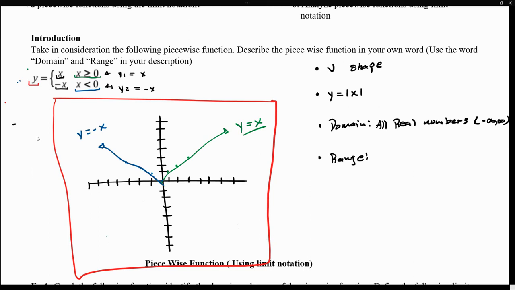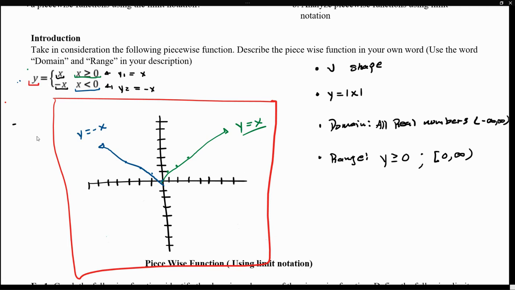We're only using those y values that are equal or greater than 0. So my range is all values greater or equal to 0, or in notation, from 0 to positive infinity.